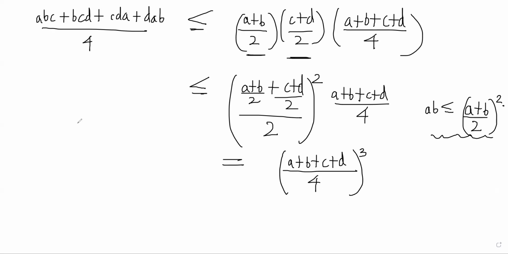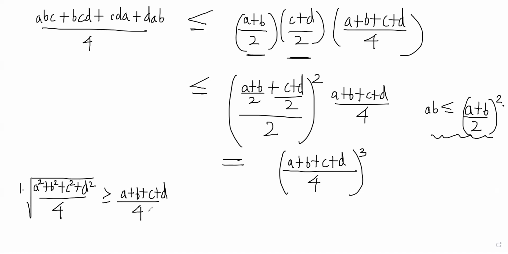And I have already proved in lemma 1, if you recall, that the root of (a square plus b square plus c square plus d square) by 4 is greater than or equal to a plus b plus c plus d by 4, right? So this quantity is less than or equal to the cube of this, right? If you cube it, I will get this.